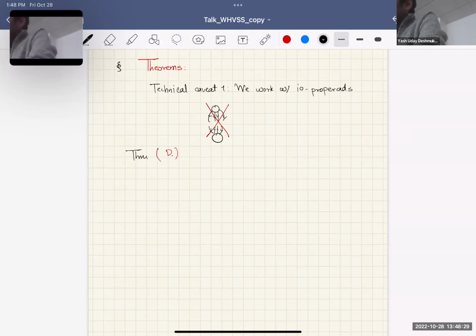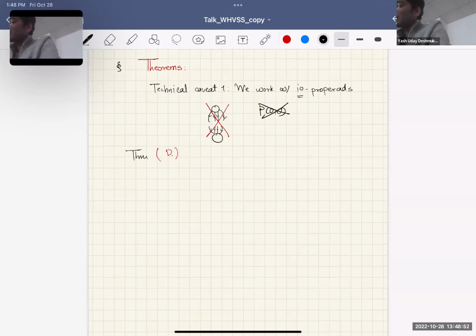And there's a technical caveat where the theorems are not going to be stated in terms of properties, but something called input-output property, which I abbreviate as IO property. The main difference here is there is no data of operations with 0 inputs and 0 outputs. That's the difference with property.